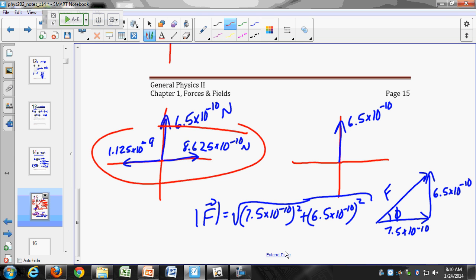Yeah, that makes it in the negative x direction. Okay, so it's going to be quite a bit different, actually. It's going to be in this direction now, 2.625 times 10 to the minus 10. Is that what y'all got?